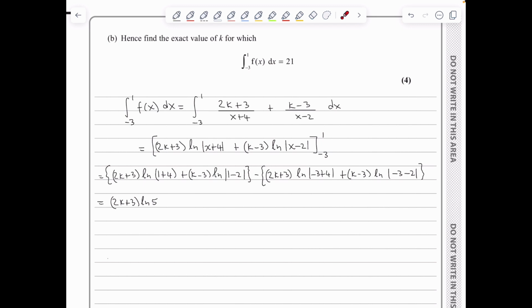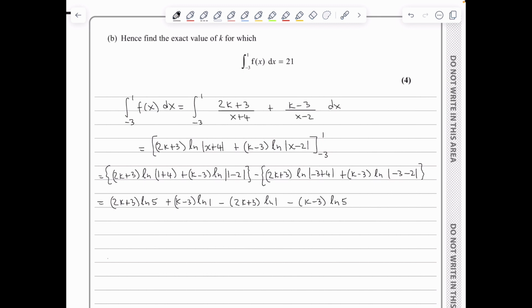Now the 1 minus 2 here is simply 1, so this is k minus 3 ln of 1, because we're taking the absolute value, so the negative 1 will give me 1 here, minus the 2k plus 3 times ln of 1 minus the k minus 3, and we've got ln of negative 5, and it's the absolute value here, so it's going to be ln of 5.